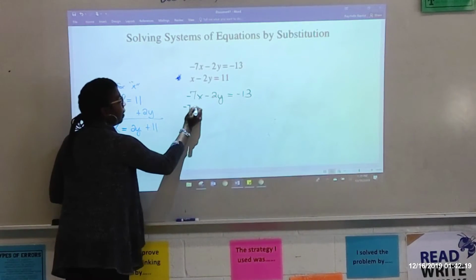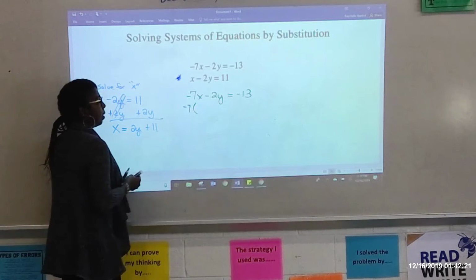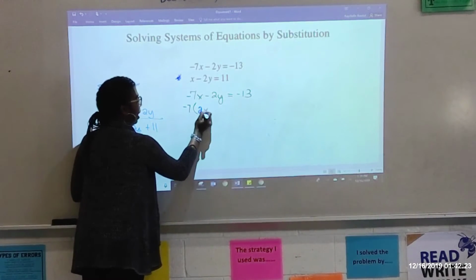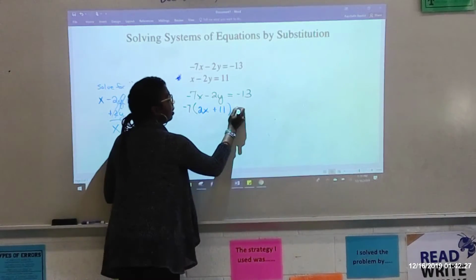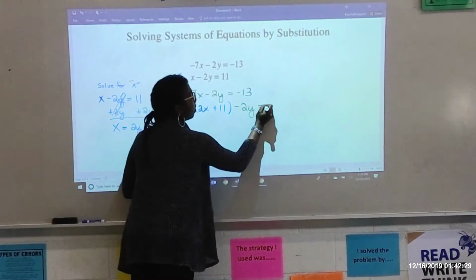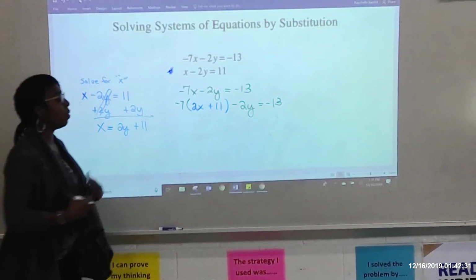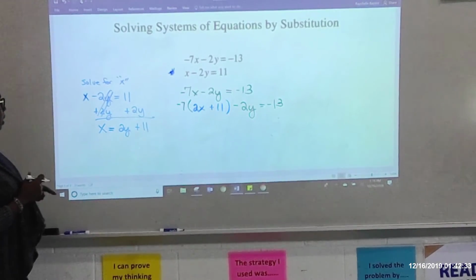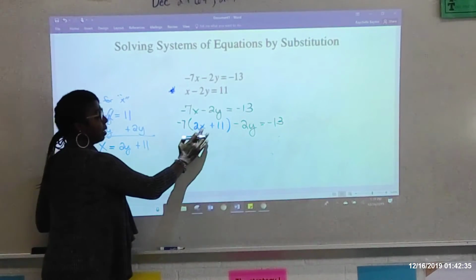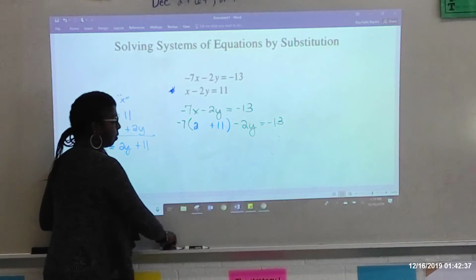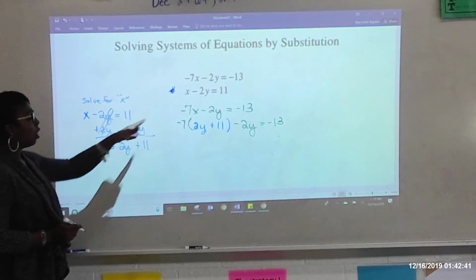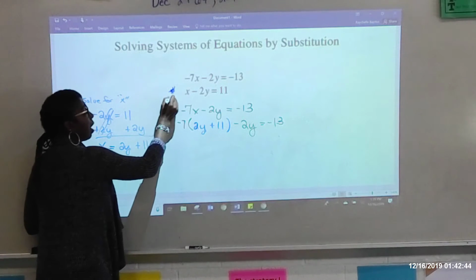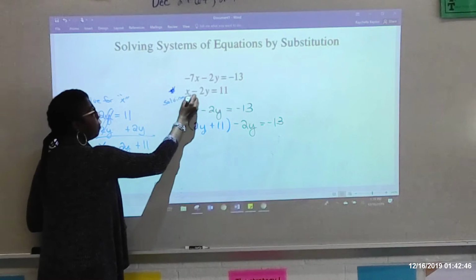So negative 7 times (2y plus 11) minus 2y equals negative 13. Because I have substituted, and this is a mistake that I made, I need to make this a y. Because I've substituted for my x, you need to know that you are now solving for y.